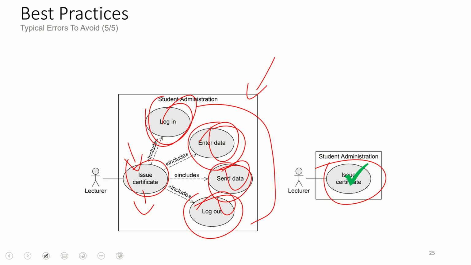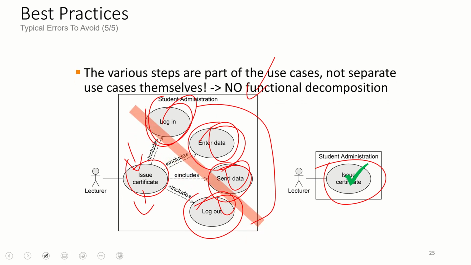But most of the time, especially for a big, large project, it's not necessary to put every sub function into the use case diagram. The different steps are part of the use case, but not separate use cases themselves. Okay, so non-functional decomposition.